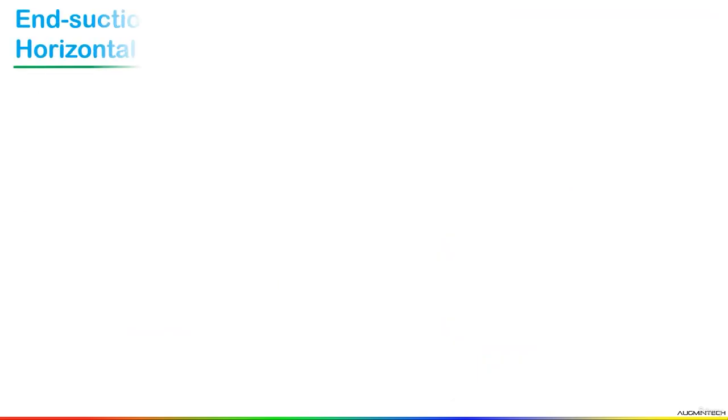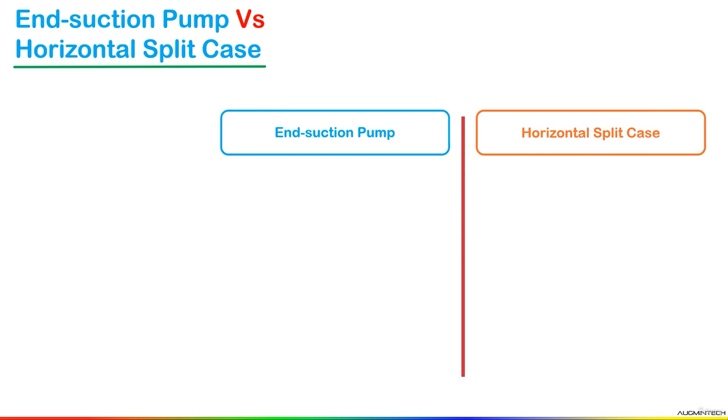Now see the next topic, end section pump versus horizontal split case pumps. Okay, so in that, see all of you, here we have an end suction pump, and what is the main difference between this end suction pump and horizontal split case pump? So generally, if I talk about capacity range, for what capacity are we using this end section pump?